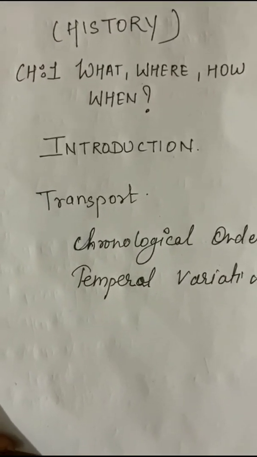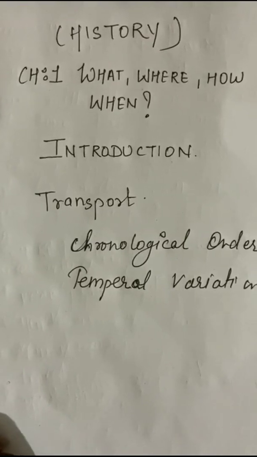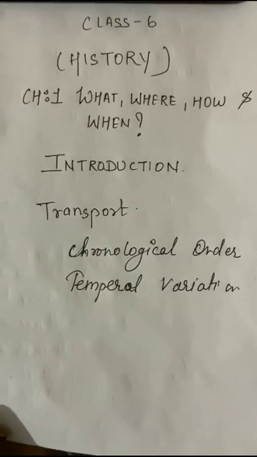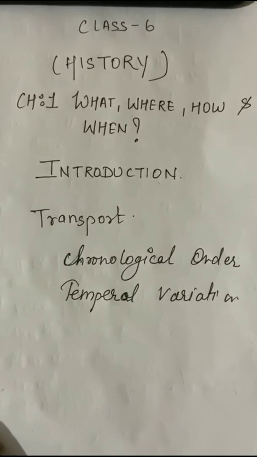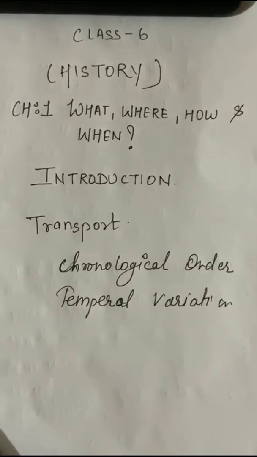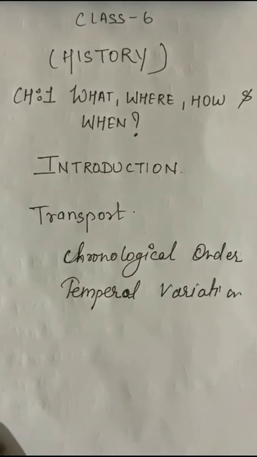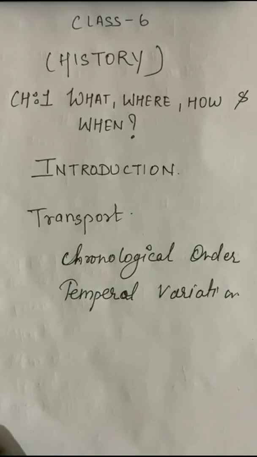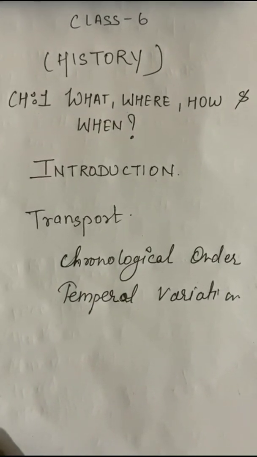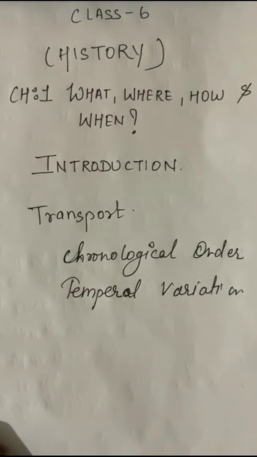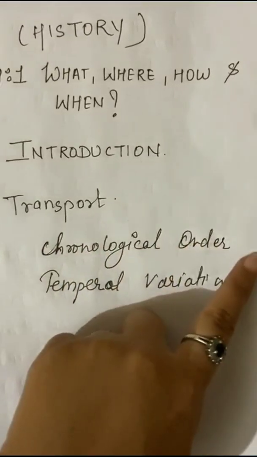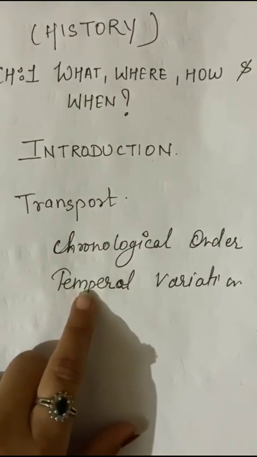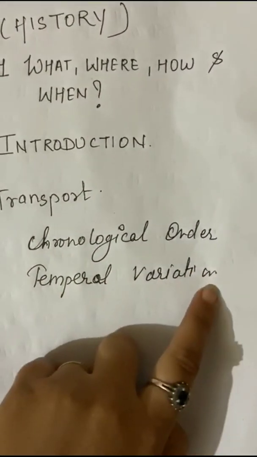With the passage of time, there will be evolution in transportation as well as in food, culture, and geographical features. In history, when we study things in order, that is known as chronological order, and the changes we see are the temporal variation.